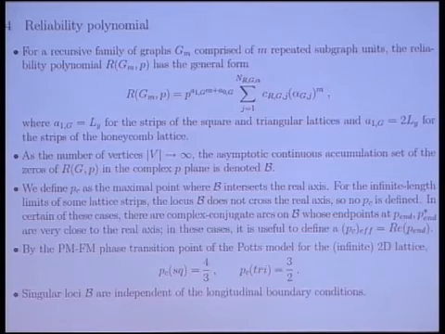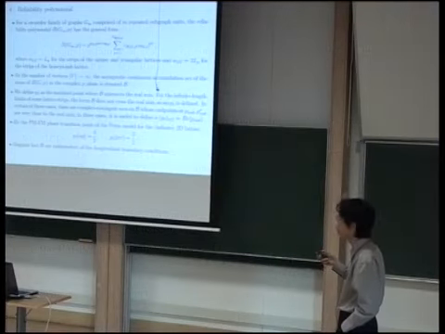So let's go on to the reliability polynomial. If we consider this strip again, this reliability polynomial again has such an expression, some coefficient times some, here I call it alpha, raised to the length of the strip.